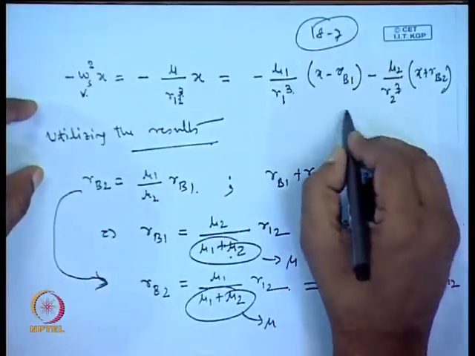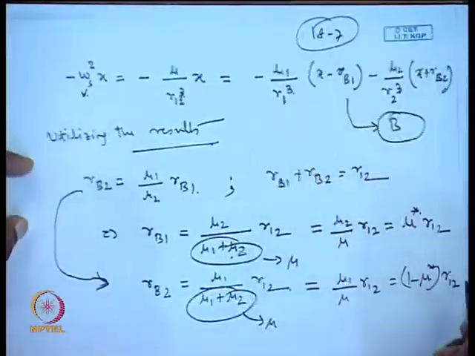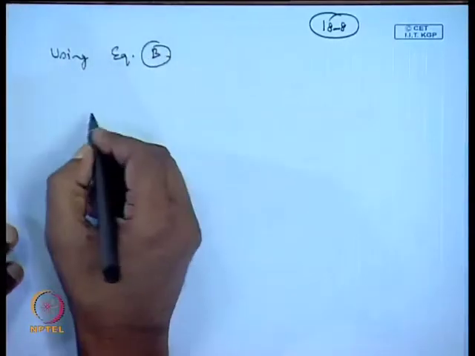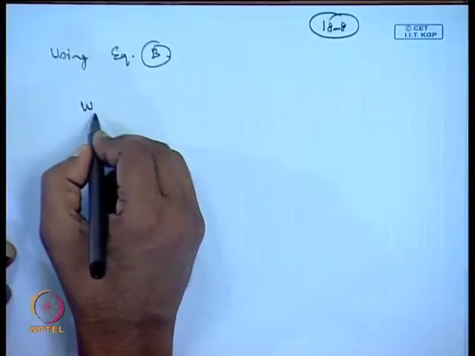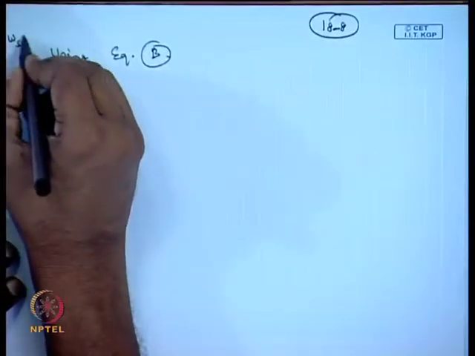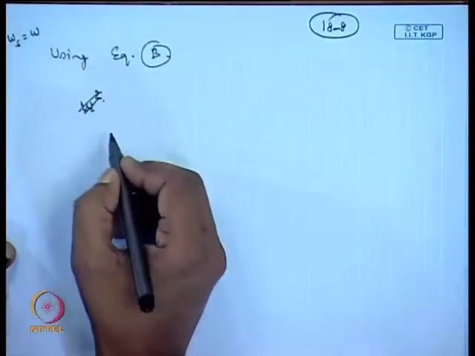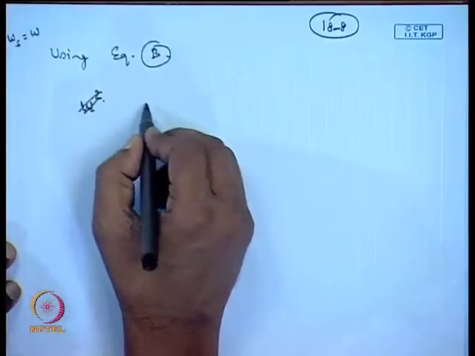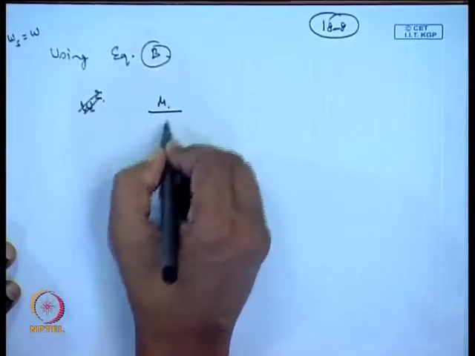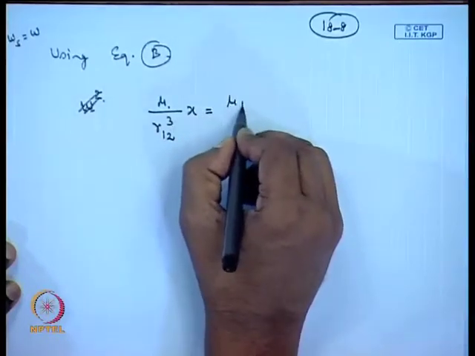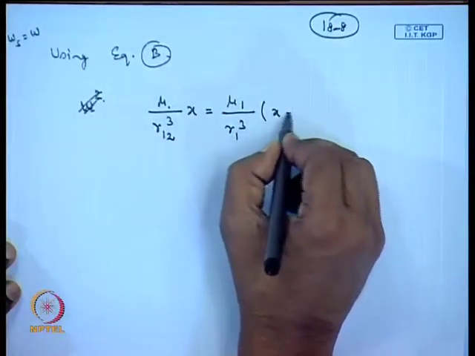Let us term this as equation B. So, using equation B, we also drop the s. So, omega s we simply write as omega, which we have replaced by mu by r12 whole cube. So, again we remove all the things and simply write mu by r12 whole cube times x is equal to mu1 by r1 cube times x minus Rb1.